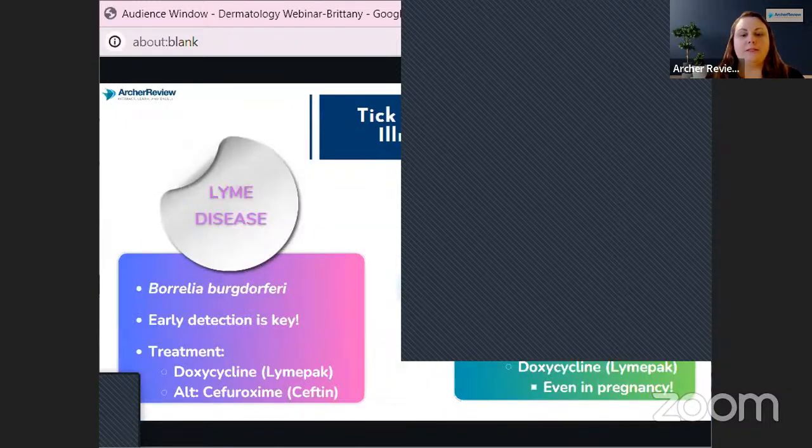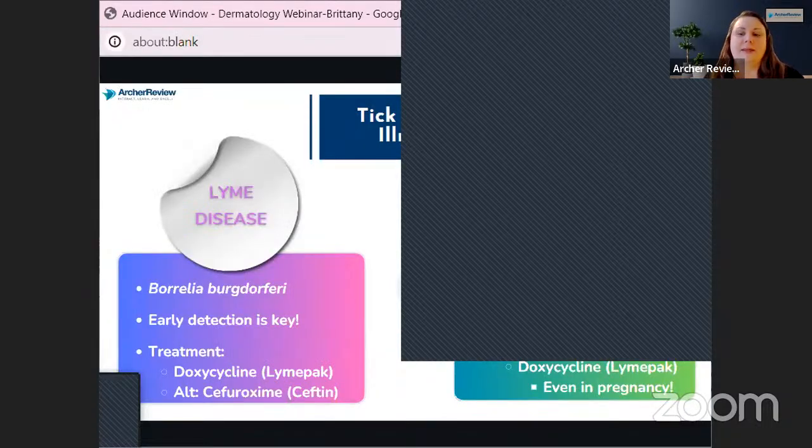All right, we're going to go on to some Lyme disease. So who can tell me what the main cause of Lyme disease or Rocky Mountain spotted fever is going to be? That's right, tick bites, absolutely. So you guys got this. Lyme disease can present in a variety of ways. Early signs are going to be that erythema migrans or that bullseye rash, fatigue, body aches.